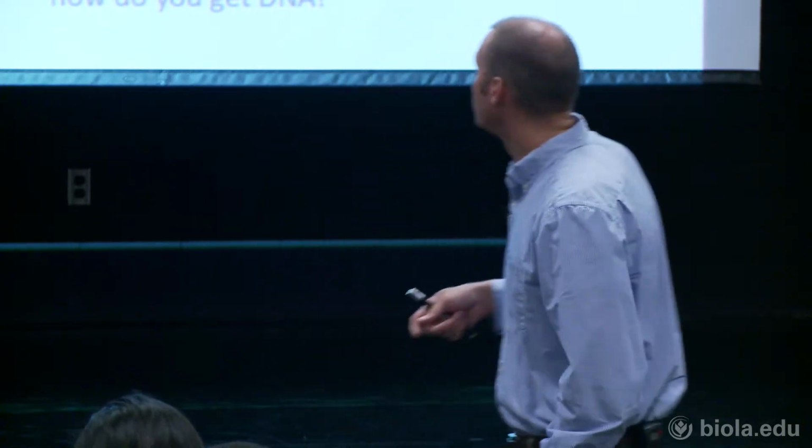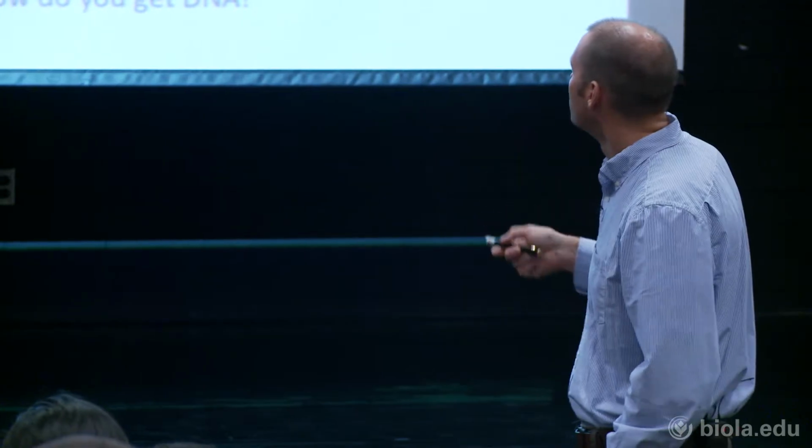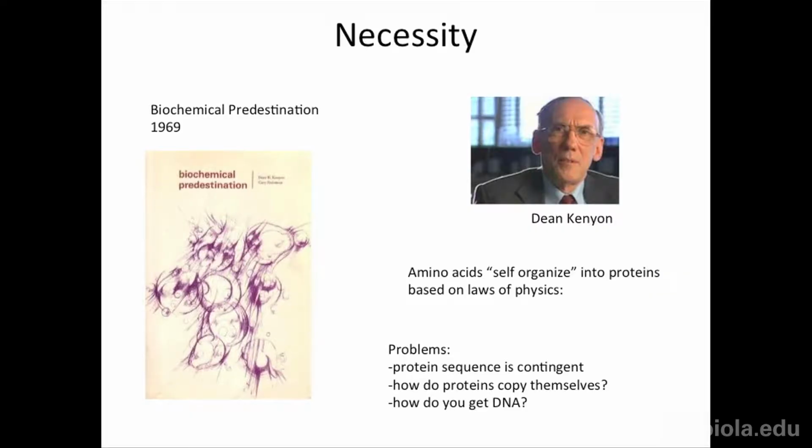He said in Biochemical Predestination that amino acids have certain chemical and physical properties that make them polymerize spontaneously, self-organize themselves into functional proteins, right? So he wrote an entire book talking about the laws of physics and chemistry that he thought were sufficient to say, well, it's not just chance, physics and chemistry dictate that functional proteins will arise.